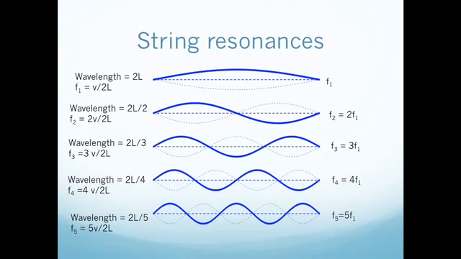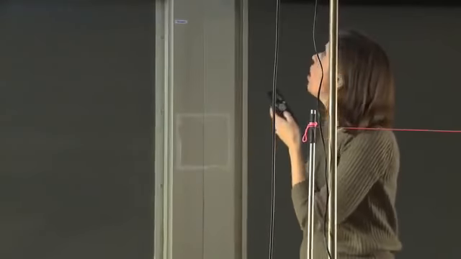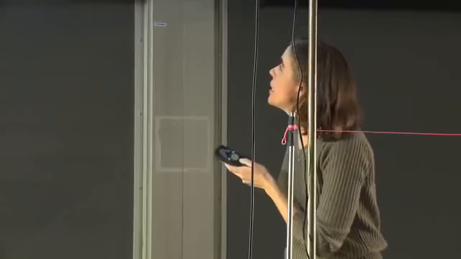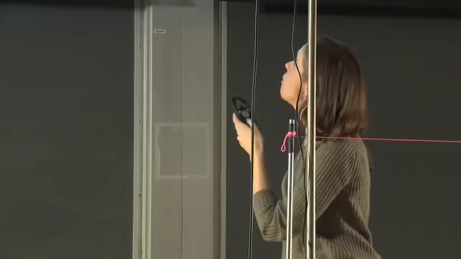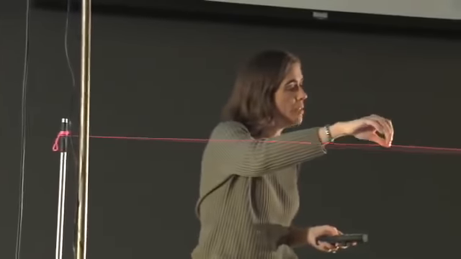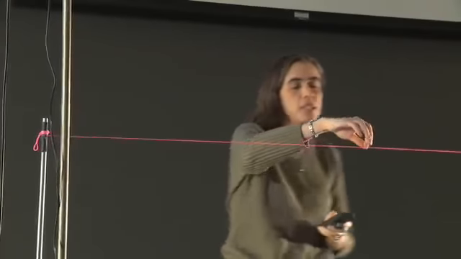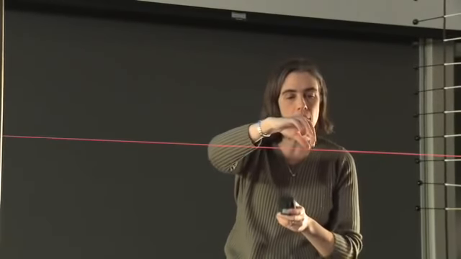And what you'll notice here is that the frequencies of the vibrations for these particular resonances are related to each other in a beautiful and simple way. In fact, all of these resonant frequencies are just multiples of the lowest one. So if I have a string that wants to shake up and down, the lowest frequency I'd like to shake up and down at, let's say, is 40 Hertz.